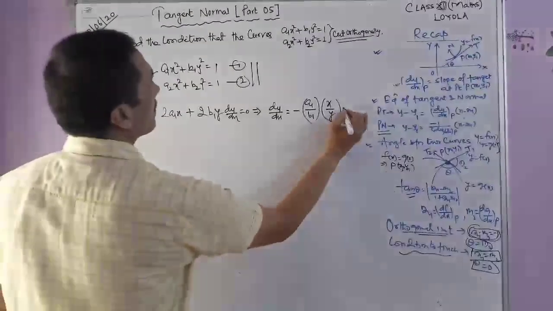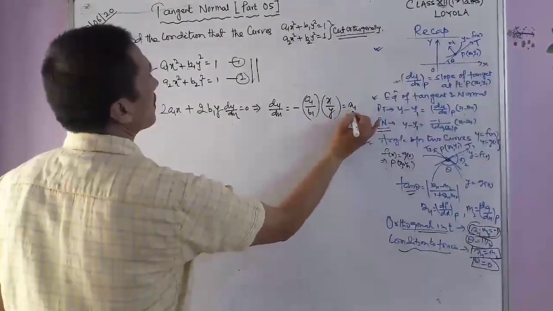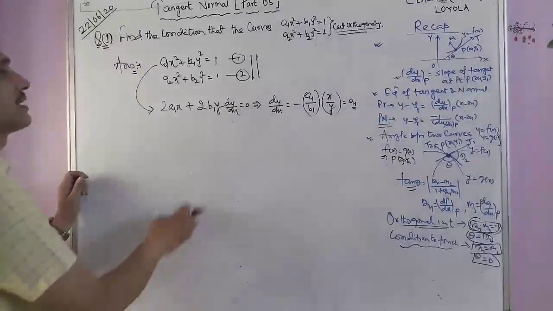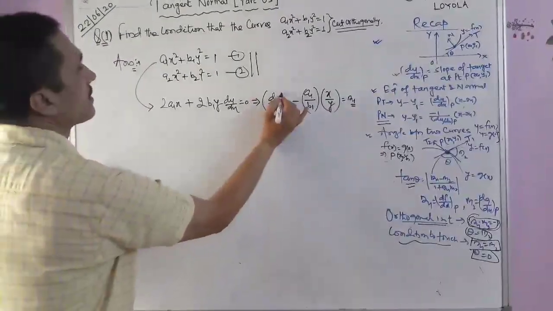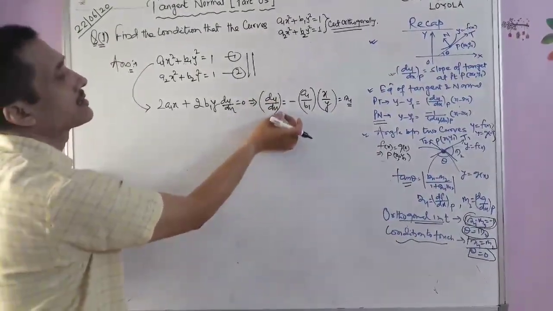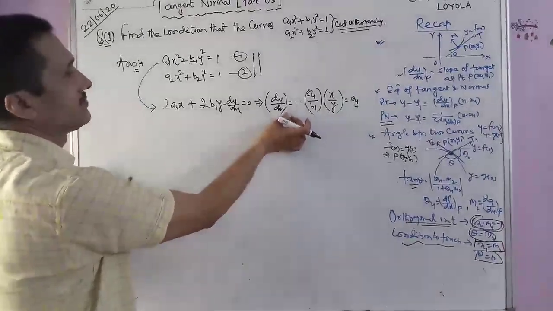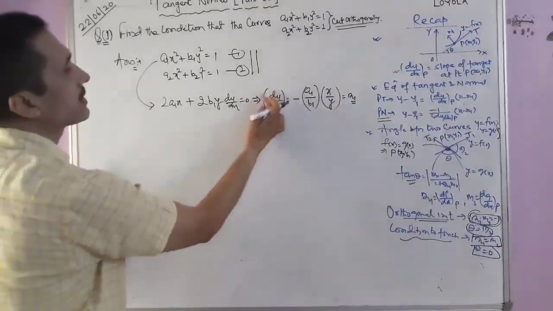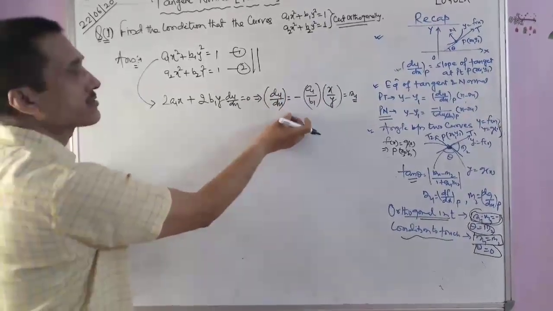Assuming it m1. Here we take general point P(x, y). We can also take general coordinate of point P(x1, y1) here.